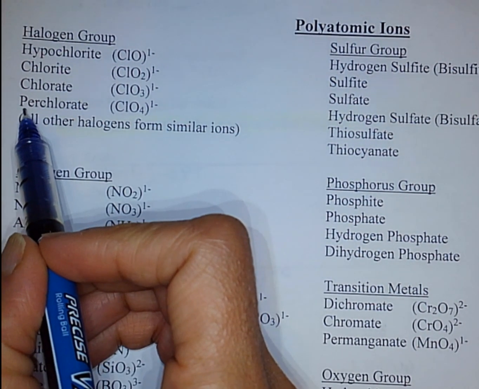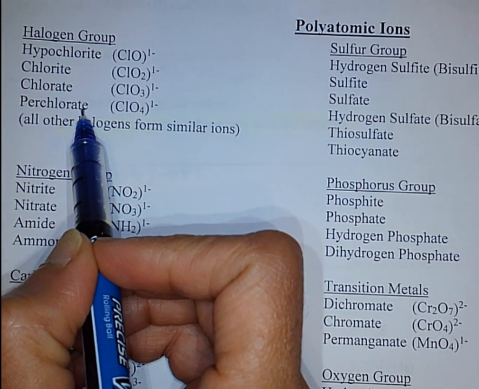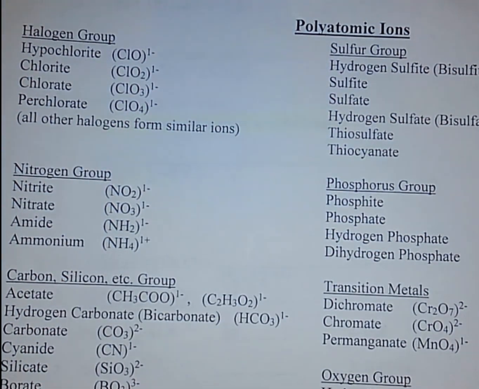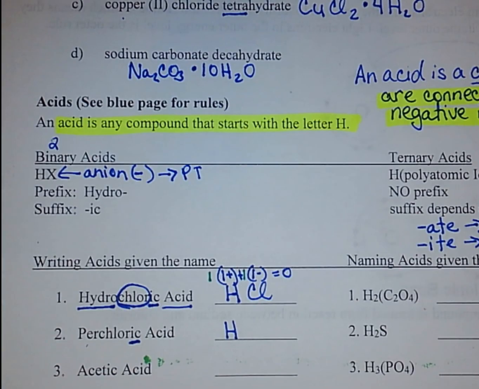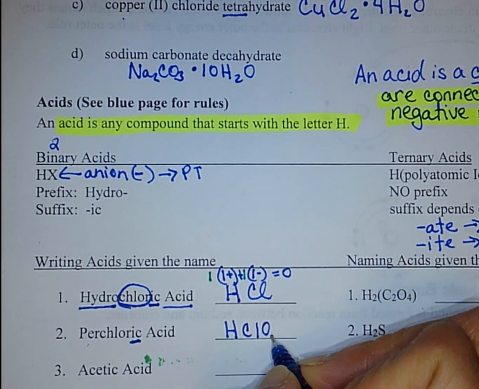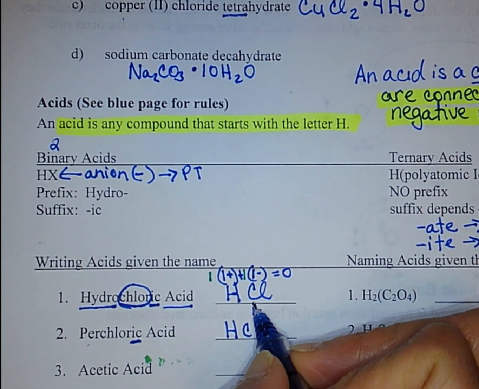It's one of the halogen groups. So this is perchlorate, and the formula is ClO4 minus 1. Okay, so this is ClO4, and it's got a minus 1 charge.